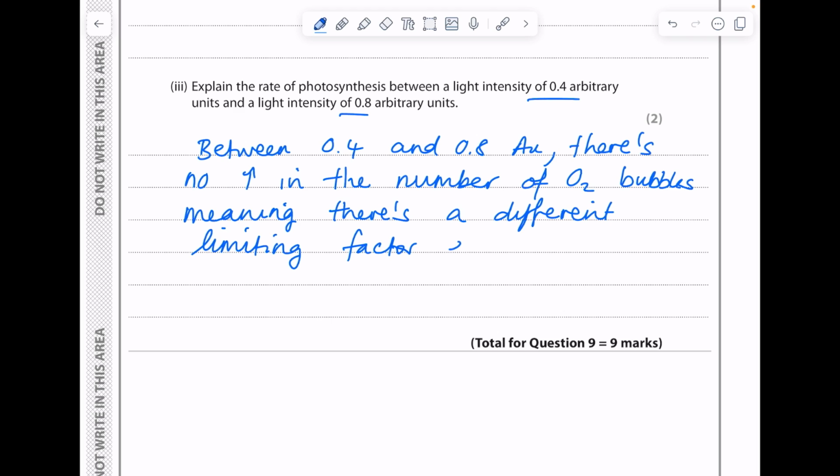And then name an example of an alternative limiting factor. So that could be temperature is too low, carbon dioxide levels are too low.